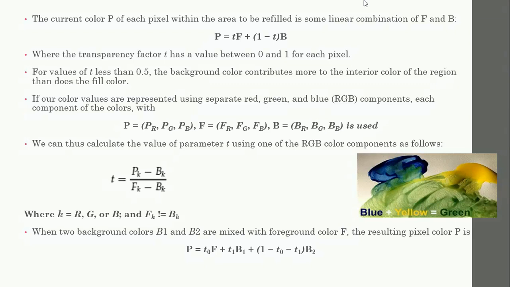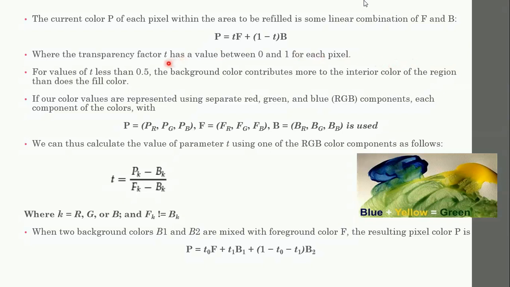That is given by P is equal to T into F plus 1 minus T into B. F is nothing but the foreground color, B is the background color, P is the current color of the pixel, and T is the transparency factor, which will always be between 0 and 1 for each pixel.